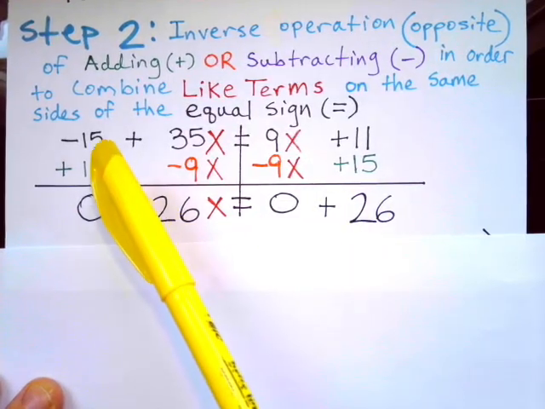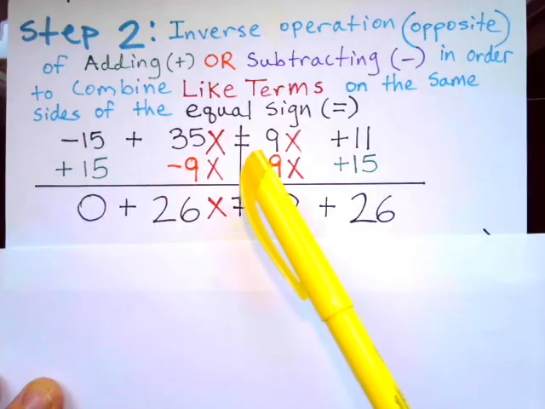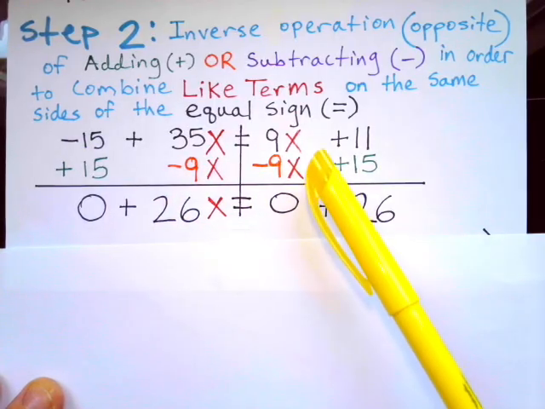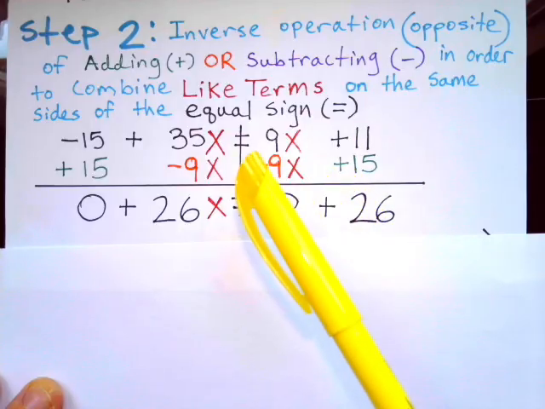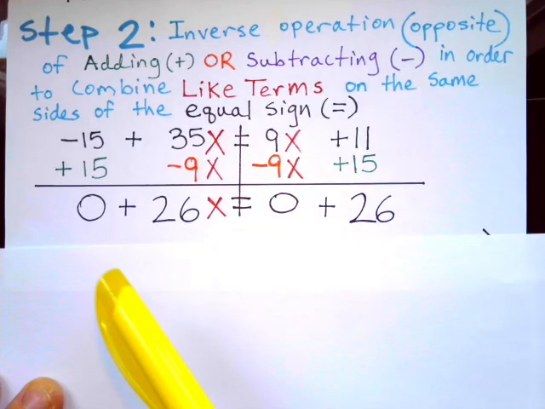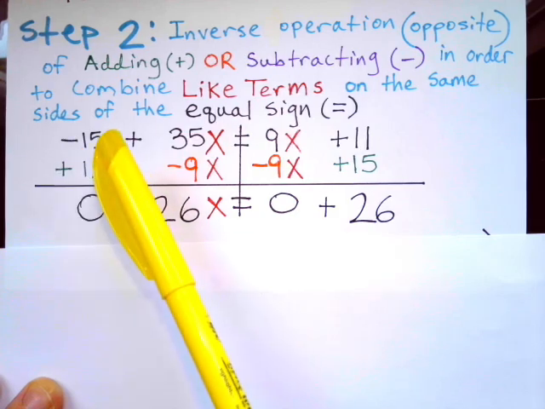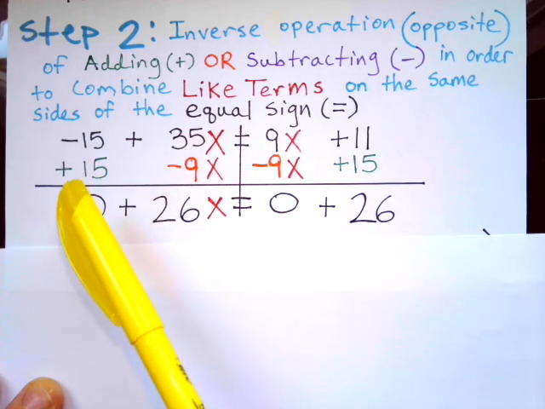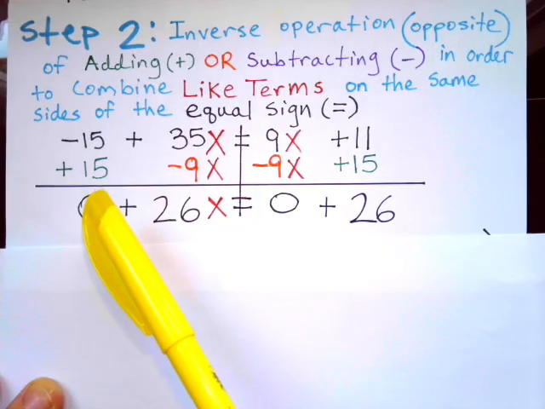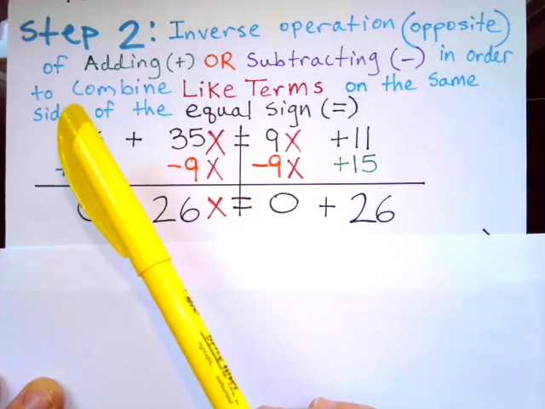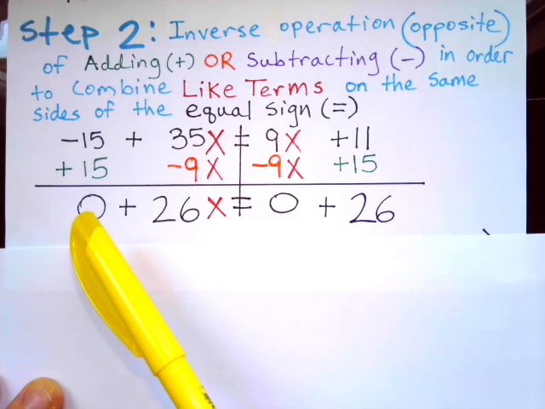Now, I want to bring that 15 over to the right side of the equal sign, so my constants, like terms, are all on the right side of the equal sign. What's the inverse or opposite of a negative 15? It's a positive 15. Negative 15 plus a positive 15 is 0. I'm showing you that 0 here.